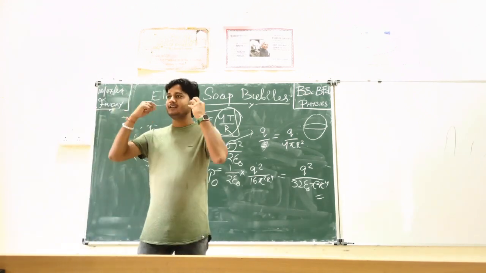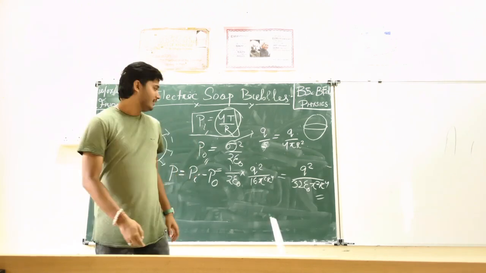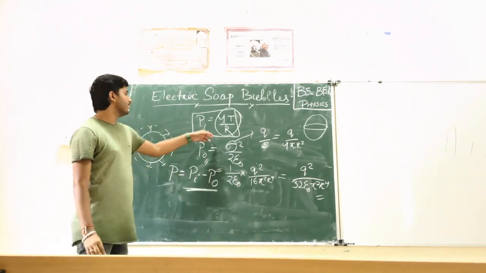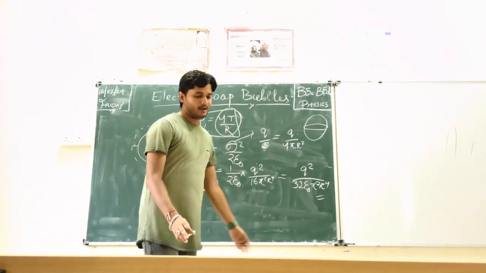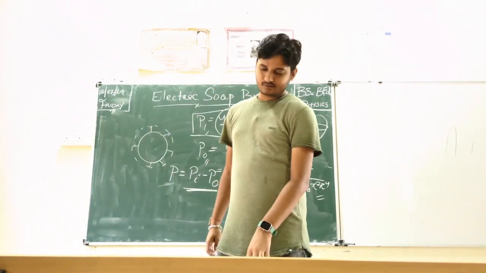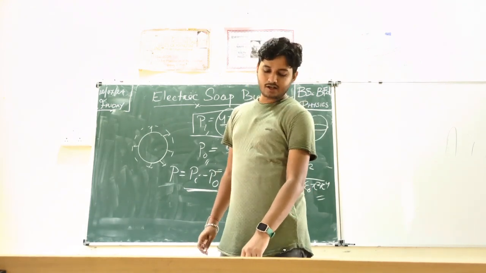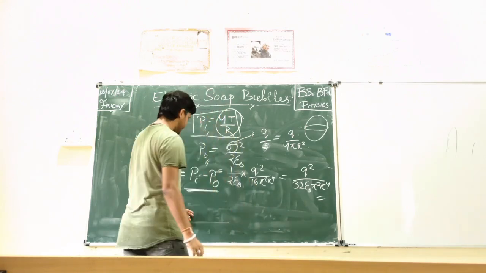When we blow like this, the outer pressure is small and the inward pressure is high. So the inward pressure is 4T by R minus Q square by 32 pi square epsilon naught R. Just calculate.